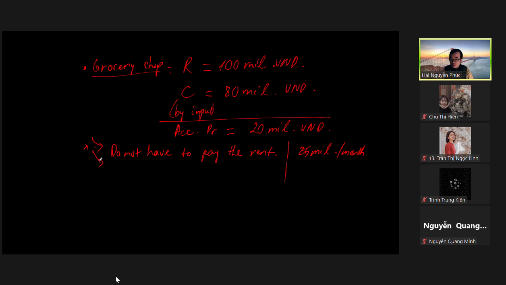If you do not run the grocery shop, you might work for another firm. For example, you might work for Viettel company, and you will have a wage of 20 million per month.